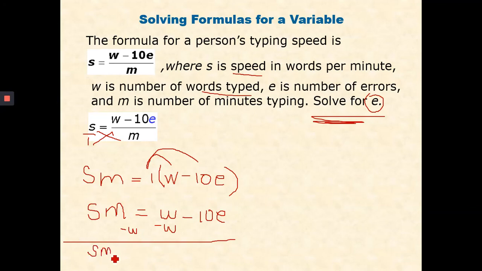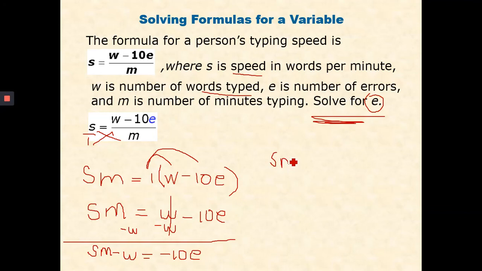SM minus W equals W minus W, that will be 0. So the remaining term is negative 10E. Okay? Can we rewrite it here?